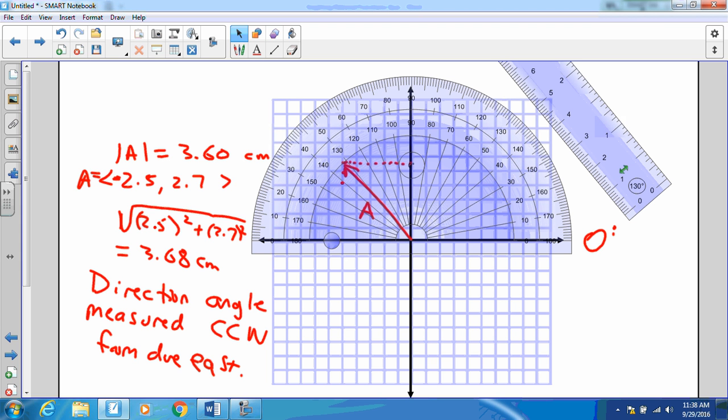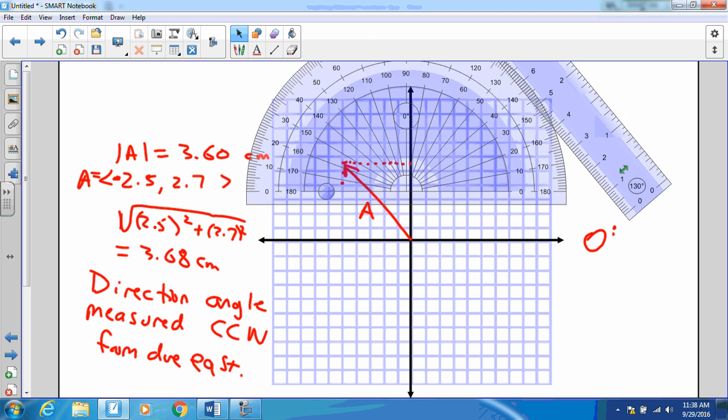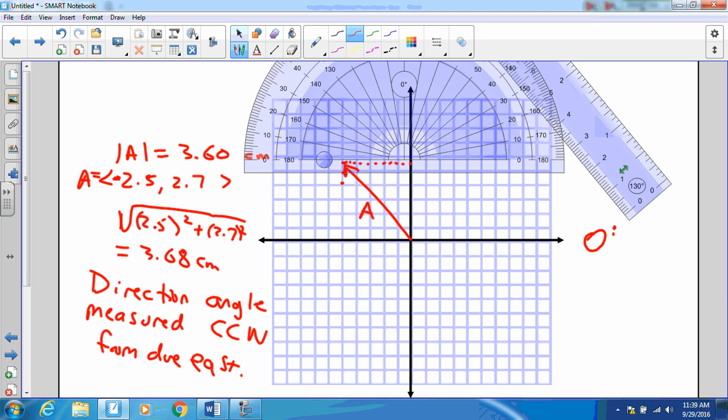We're going to take 0 degrees to due east, starting at 0 and going this way. That's right, which is why I got 131 and not 50. The angle that I'm measuring here is the angle from due east. What's CCW? Counterclockwise, the direction the hands of a clock don't go.